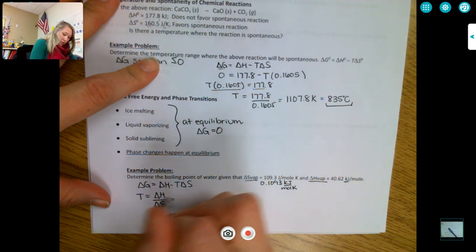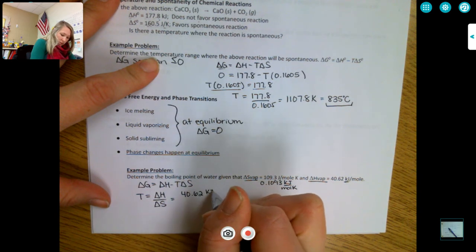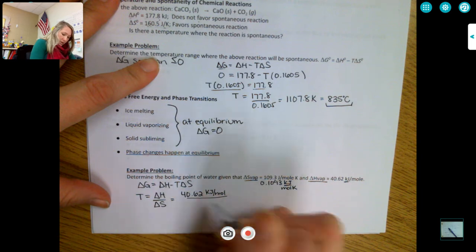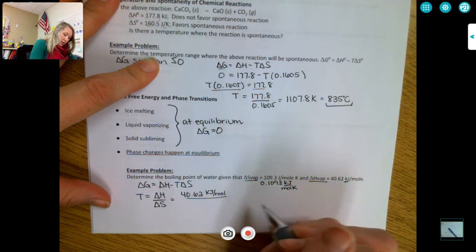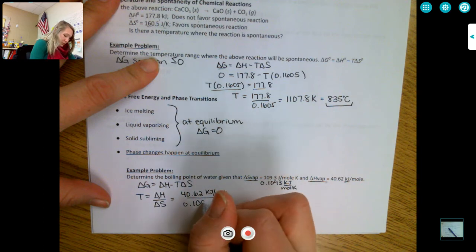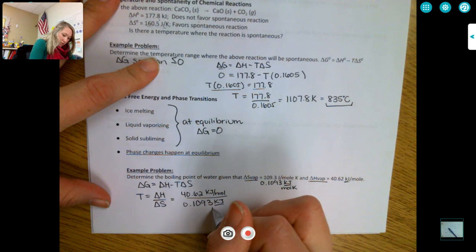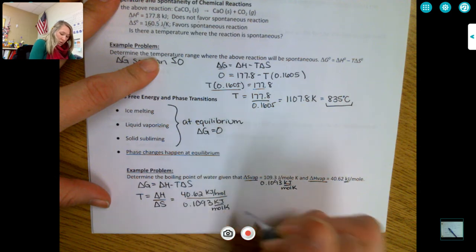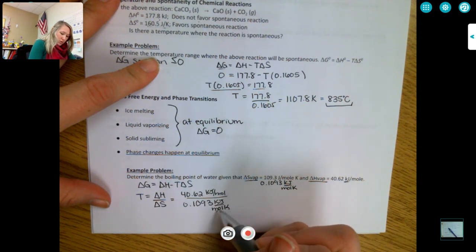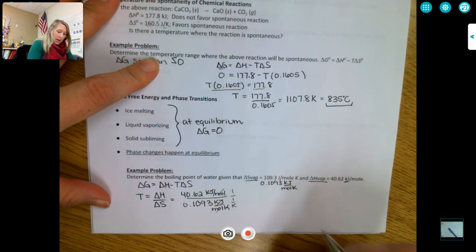We have our delta H, 40.62 kilojoules per mole, divided by our delta S, 0.1093 kilojoules per mole Kelvin. Our units work out because kilojoules cancel kilojoules and moles cancel moles. We're left with 1 over Kelvin, which brings Kelvin up.